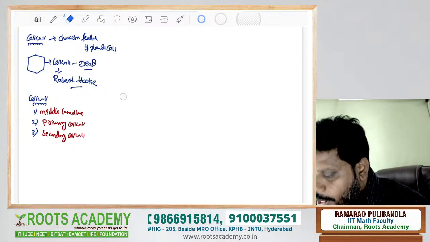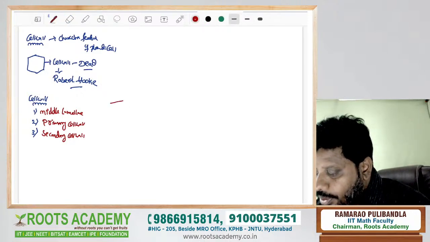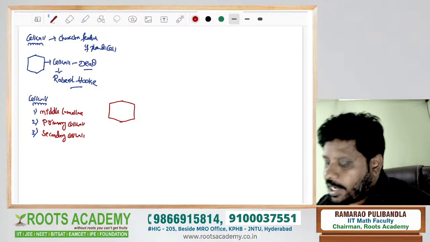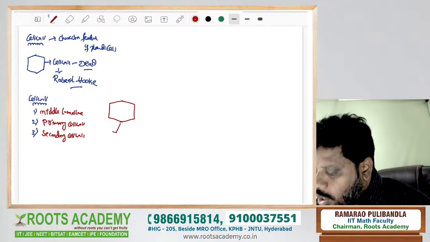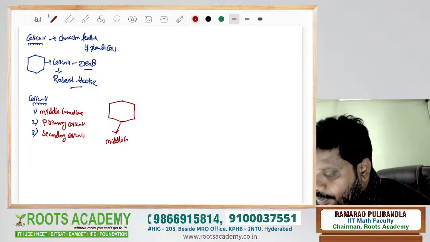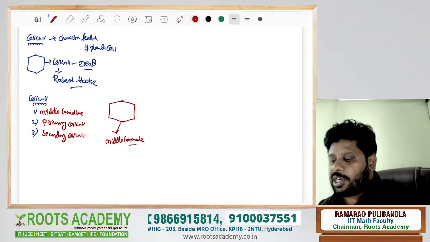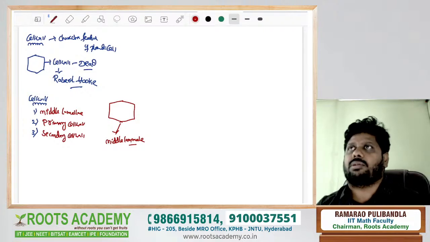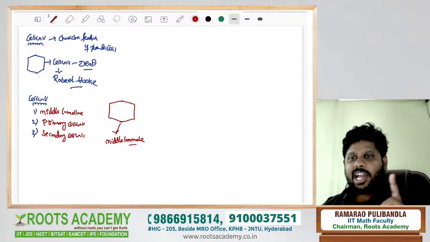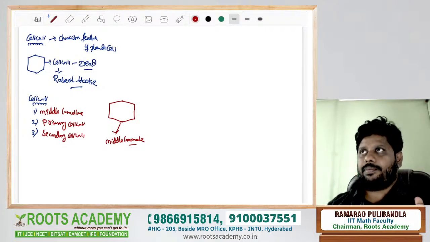Middle lamella, look and understand it well. See, this is the plant cell. In plant cell, outermost covering layer is called as middle lamella. Many students think it is present in the middle between primary and secondary. Middle lamella is the outermost layer.